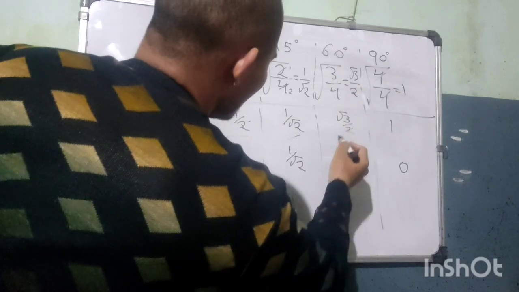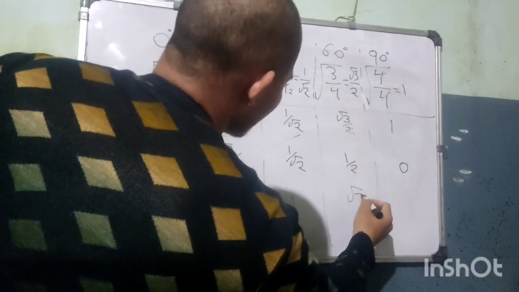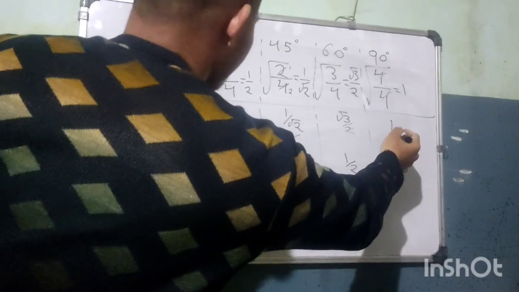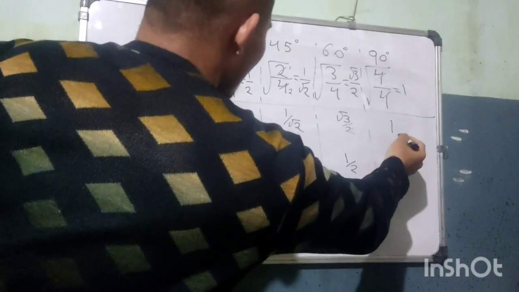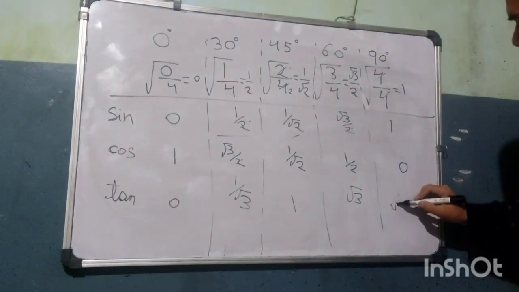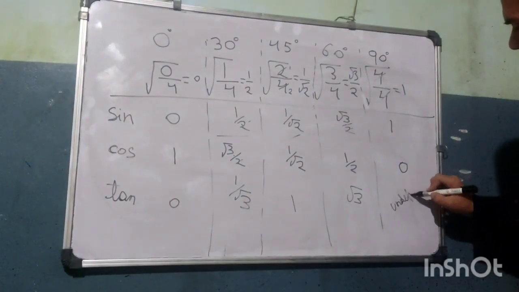Tan 60 is root 3 by 1, so root 3. Tan 90 degree is undefined, 1 by 0, undefined.